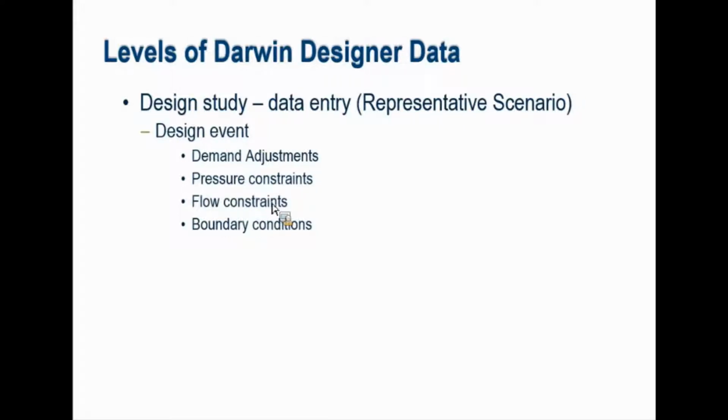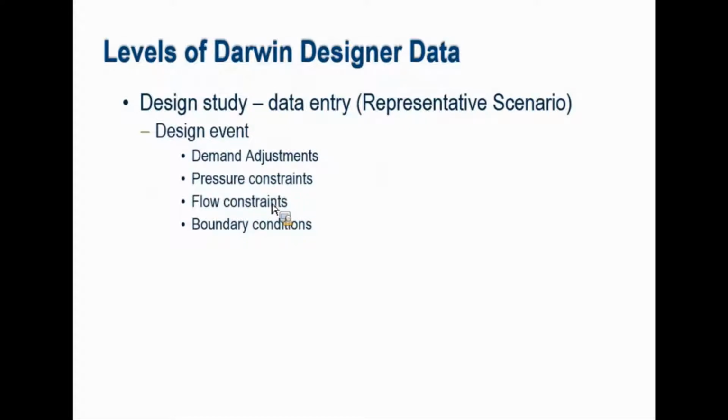And you must test the trial solutions against at least one design event, something like a scenario, just to see if it's going to work. That will let you know where you need to go with different data points, like adjusting your pressure constraints some more. So try and run a scenario just to see what's going to come up in the design.